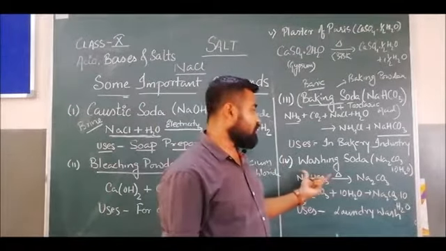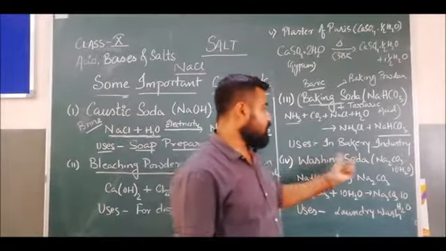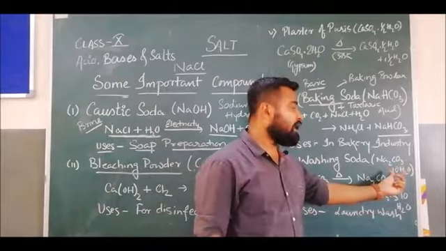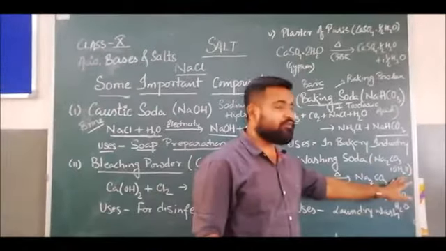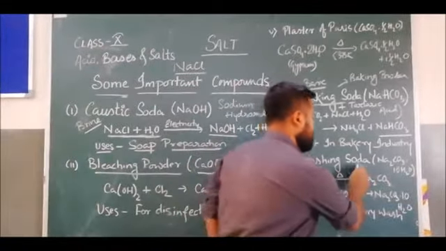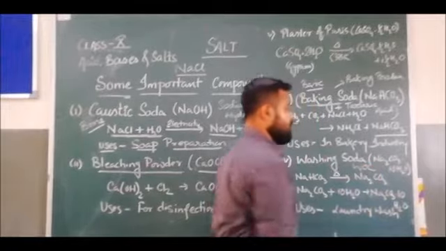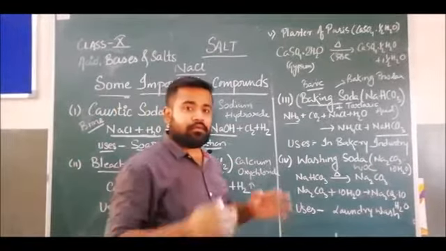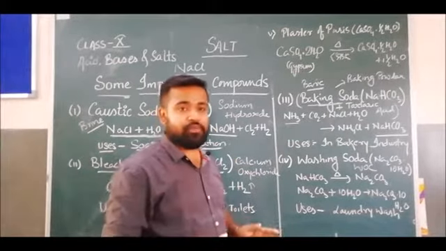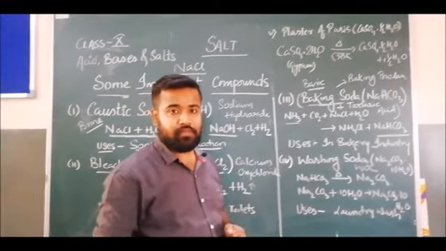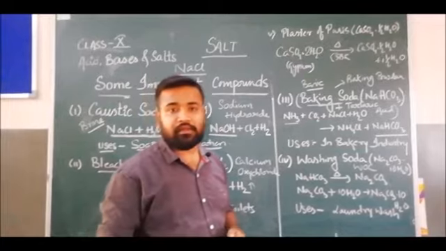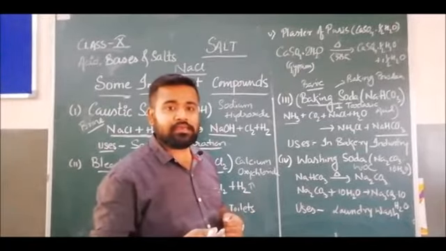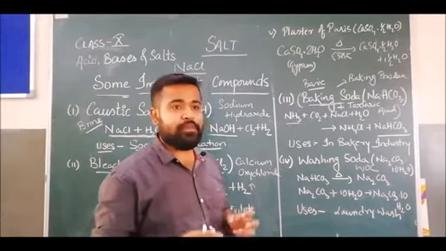So what is washing soda or washing powder? Washing powder is sodium carbonate decahydrate, with 10 molecules of H2O. This is called water of crystallization, WOC. So whenever any ionic compound is dissolved in excess quantity, at that time what happens?